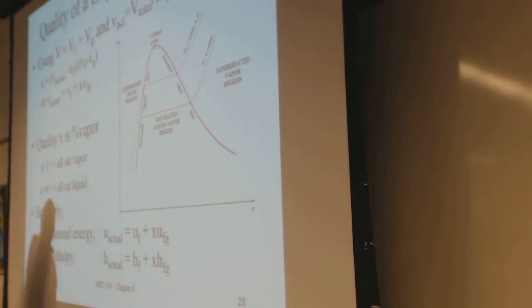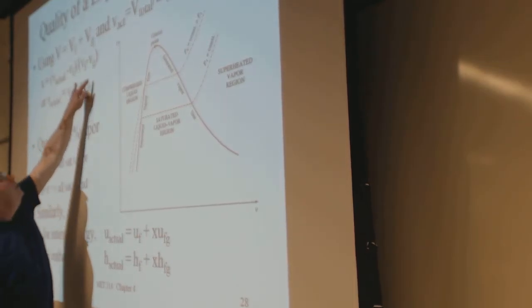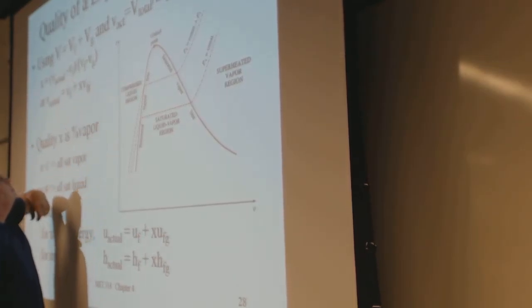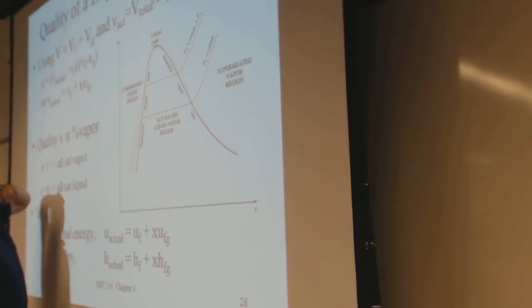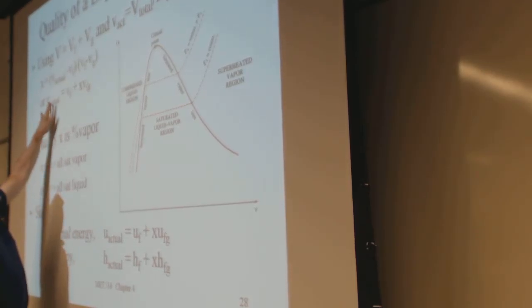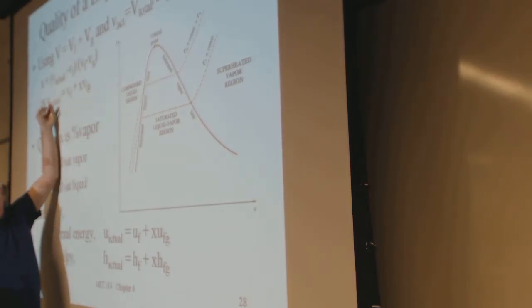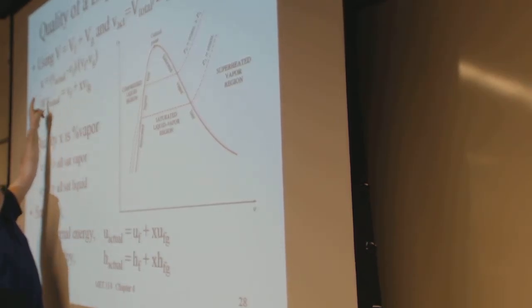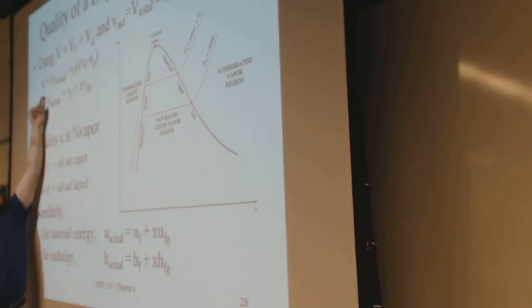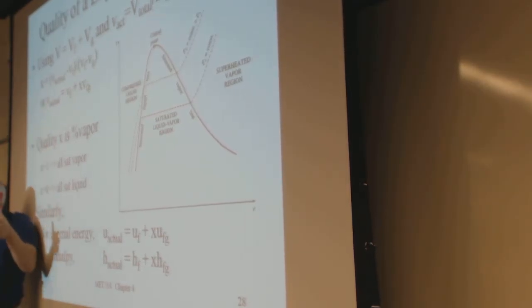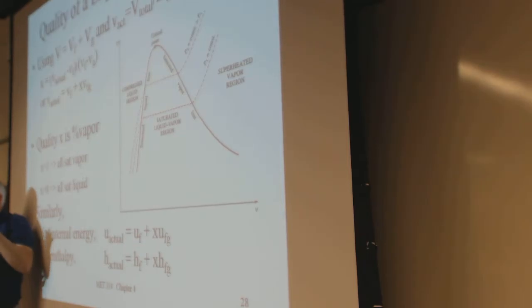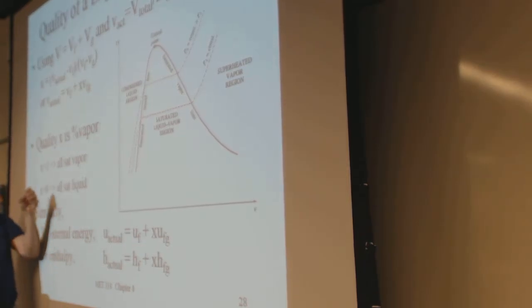It should be gas minus, no, this is backwards. That needs to be flipped. You can either use this information to find an actual volume, or you can find the quality, how much of the liquid vapor mixture is liquid, how much of it is vapor.